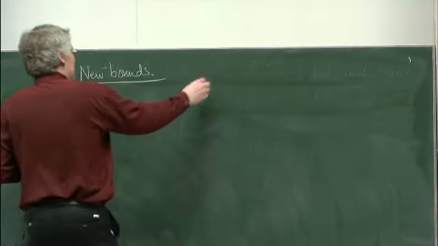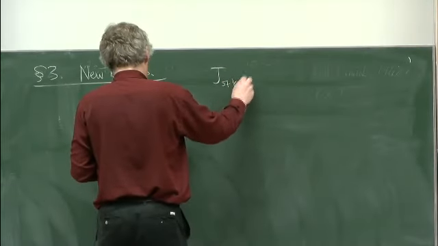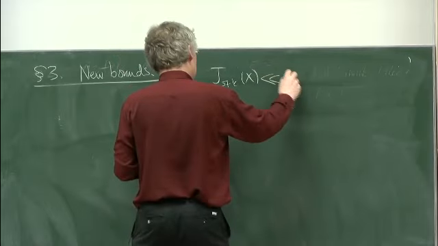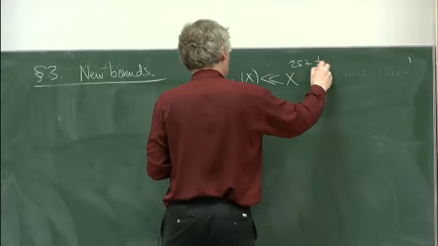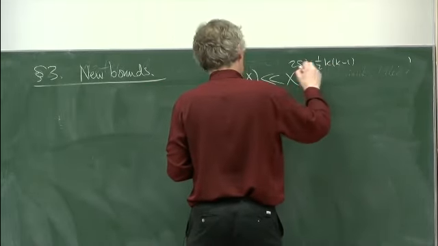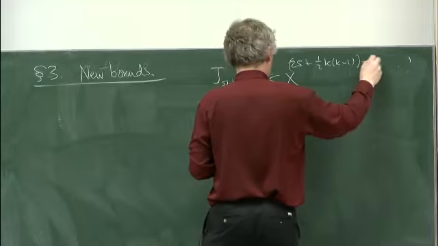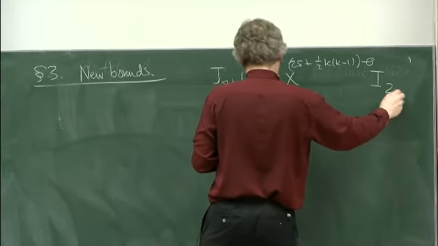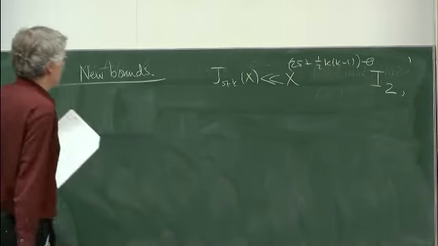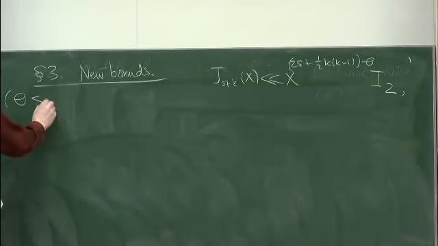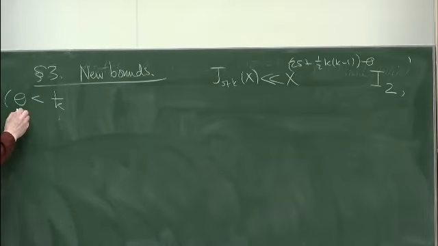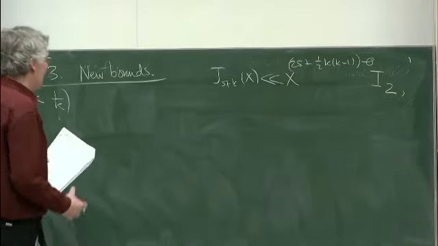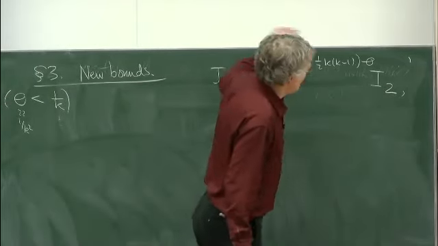Okay, so maybe I'll just record here. So far, what this method gave us was a bound which looks like this. Here, I should emphasize we're going to choose theta to be smaller than 1 over k, and in the first instance, you might think that theta is going to be about 1 over k squared. And what do I want to say about I2?